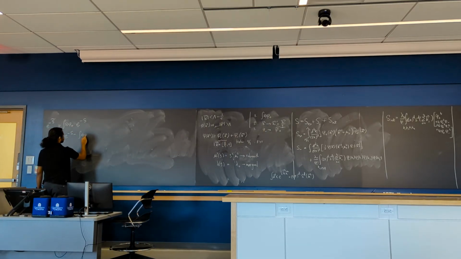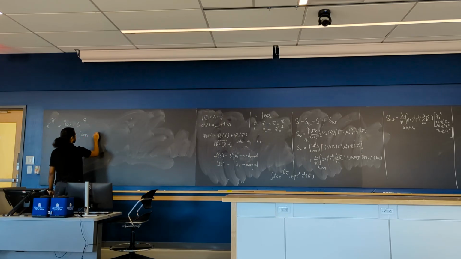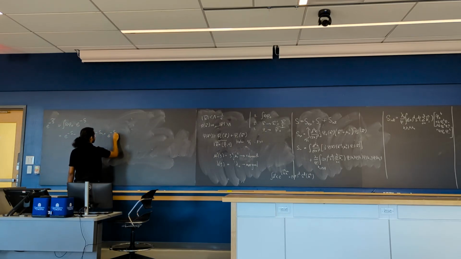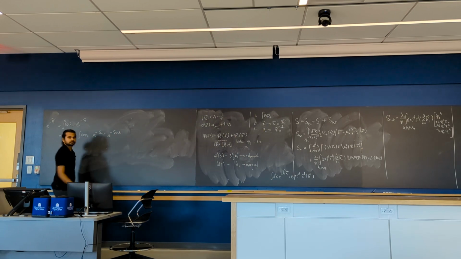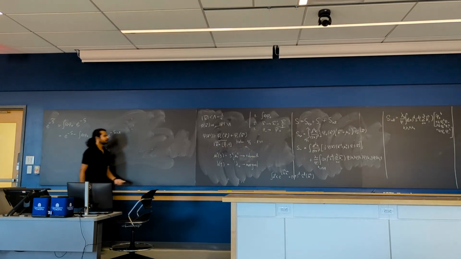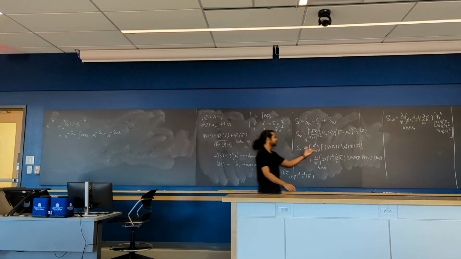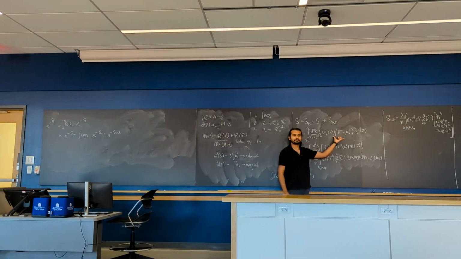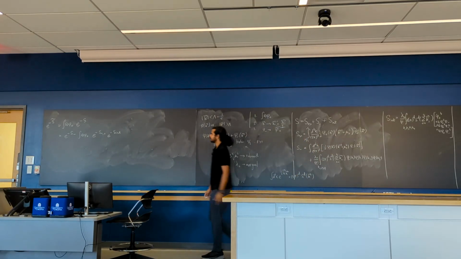Integral d phi plus of e to the minus S plus 0 times e to the minus S int, right? And there was a reason to pick this to be the quadratic nice free action, right?